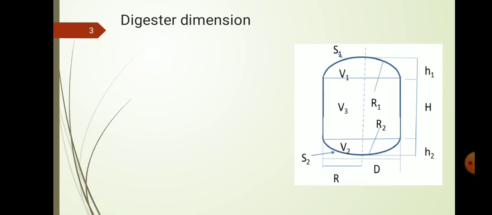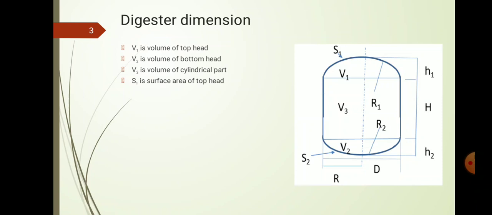We will be constructing this biogas digester in 3 parts: the cylindrical portion and the top and bottom hemispherical portions. V1 is the top head volume, that is, the hemispherical top part volume. V2 is similarly the bottom hemispherical volume, and V3 is the cylindrical part.